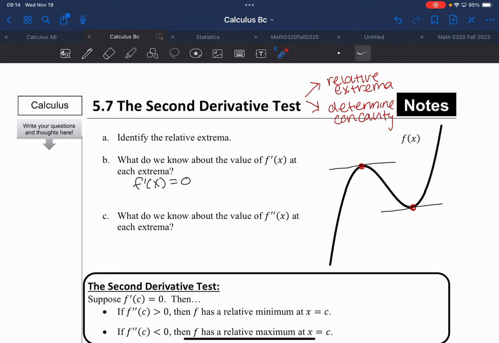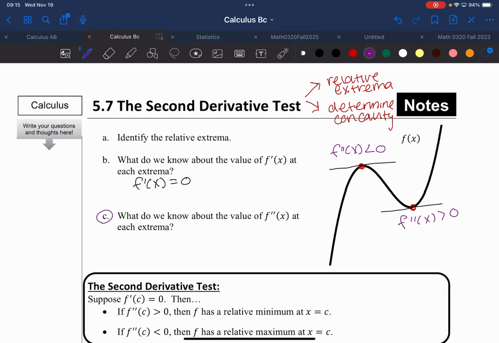Negative. So here we know that the second derivative is less than 0. And that's because it's concave down. Which means the other relative extrema, since it's concave up, is going to be what? Greater than. So the second derivative will be positive or greater than 0. Okay, so that answer is C.